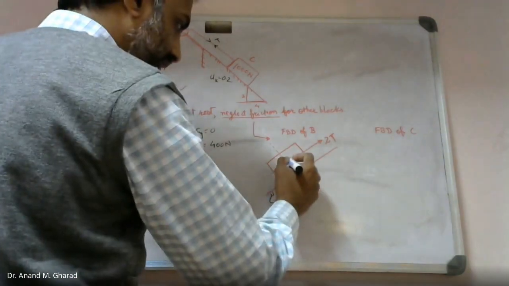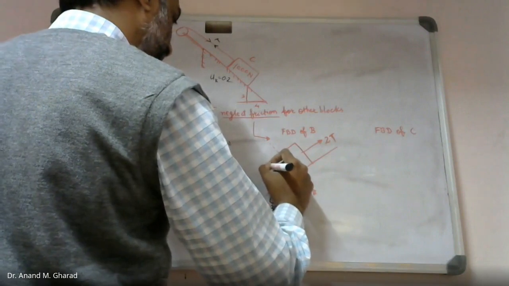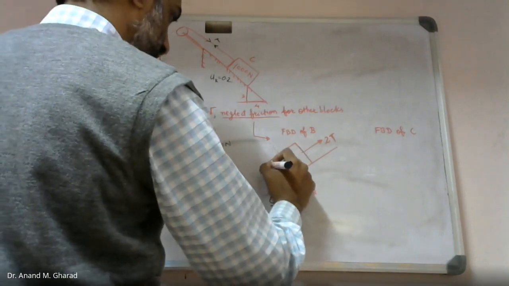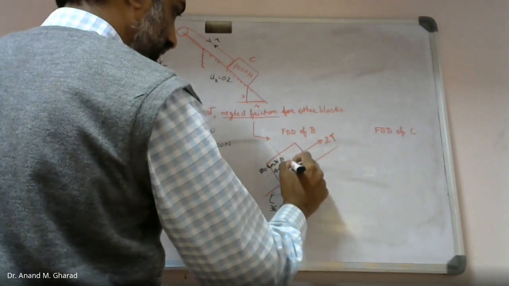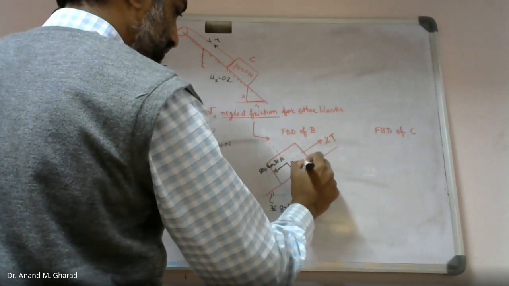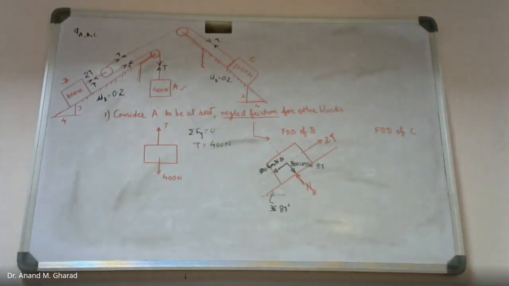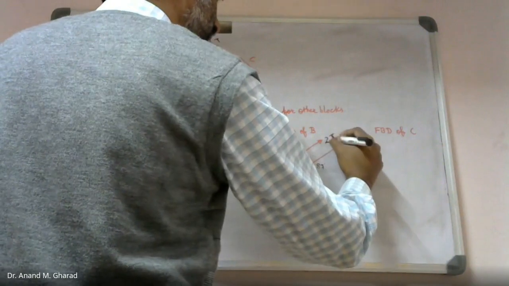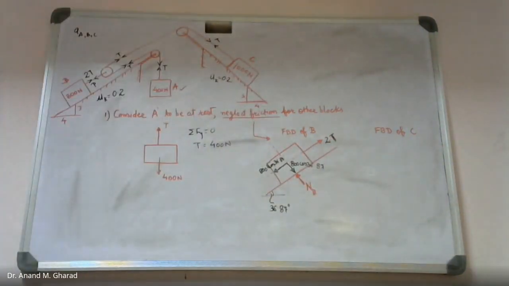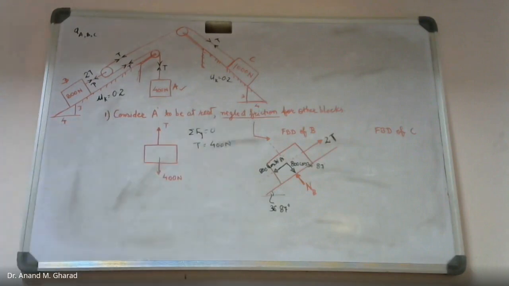And therefore, you will find that these components shall be 800 sine of 36.87, and this is 800 cos of 36.87. Cos and sine components. Fine. This is 2T. These are the forces which will be available when we neglect the friction force, isn't it?